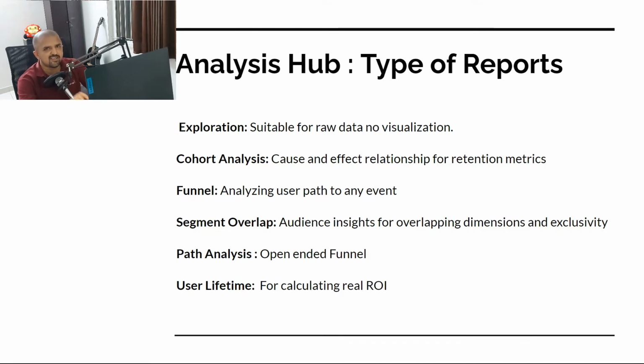If retention is different for that campaign, if retention is different for weekend campaigns, or if retention is different for users who have done certain events. So this report is largely used to understand retention metrics and impact on retention metrics by external factors. Let's quickly go to Google Analytics 4 demo account and check this out.